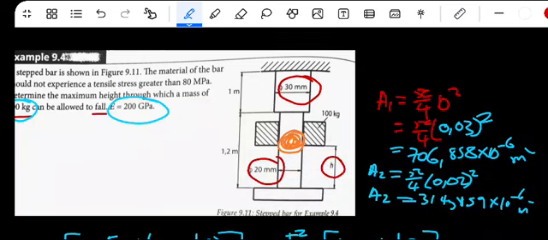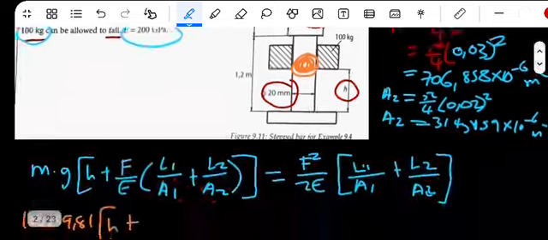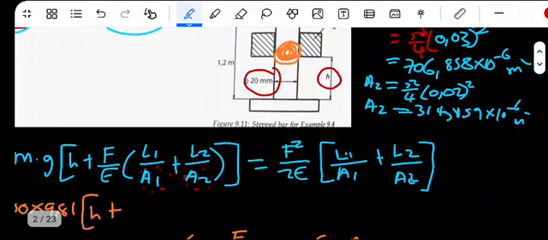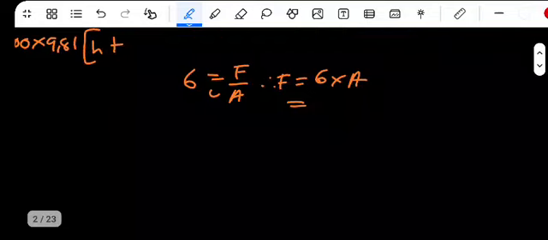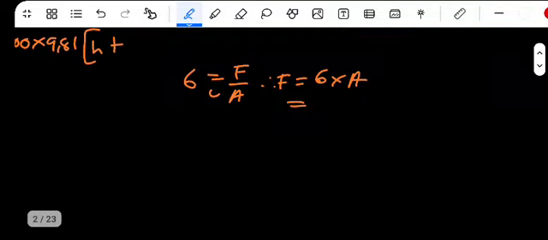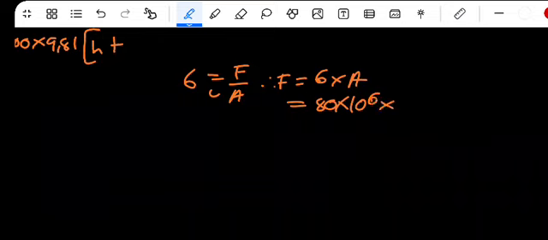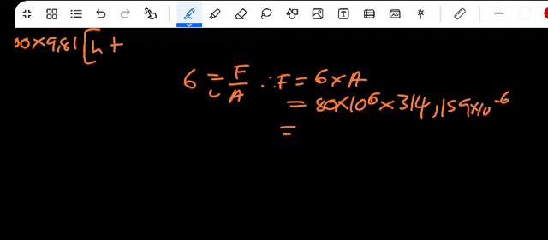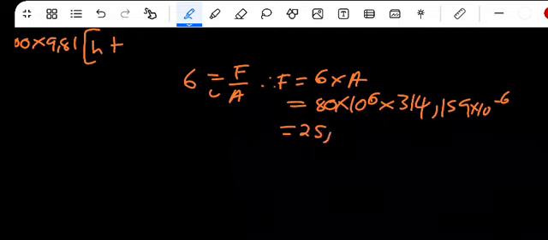So we have 80 times 10 to the power of 6 multiplied by the area, which we've seen was 314.159 times 10 to the power of minus 6. Then the force will be 25.133 kilonewtons.